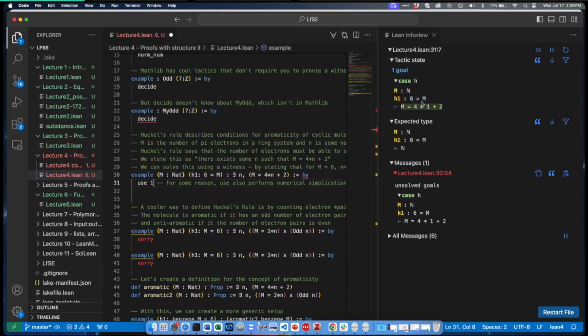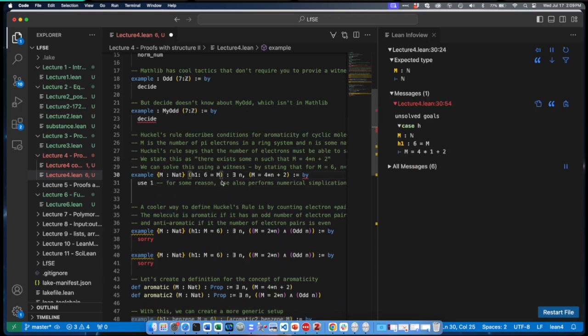It wasn't able to automatically figure out that m is equal to 6 and close it out. So in the previous version, use is doing some simplification. I would be able to close this by showing that with h1, I can prove this to be true with some other things. But that's a little implementation detail that might be curious here. Okay.